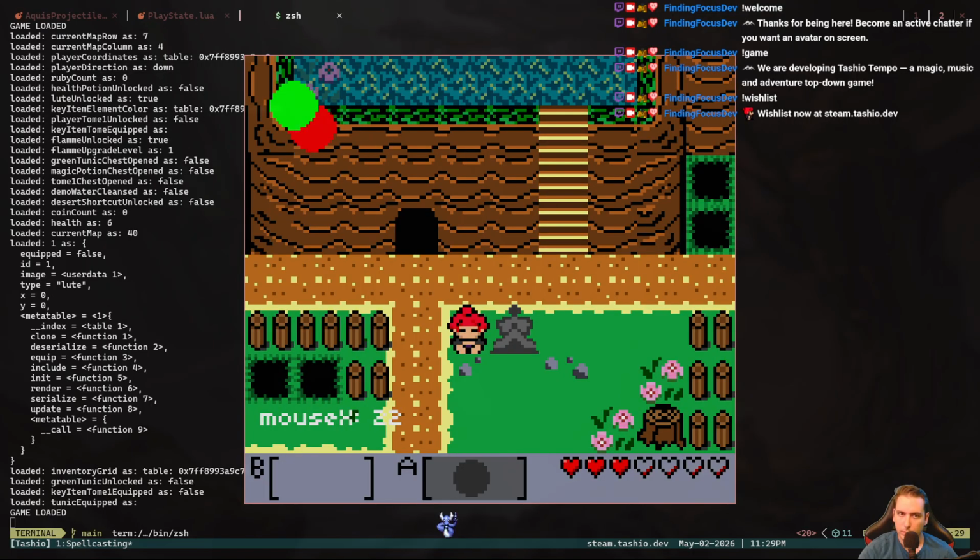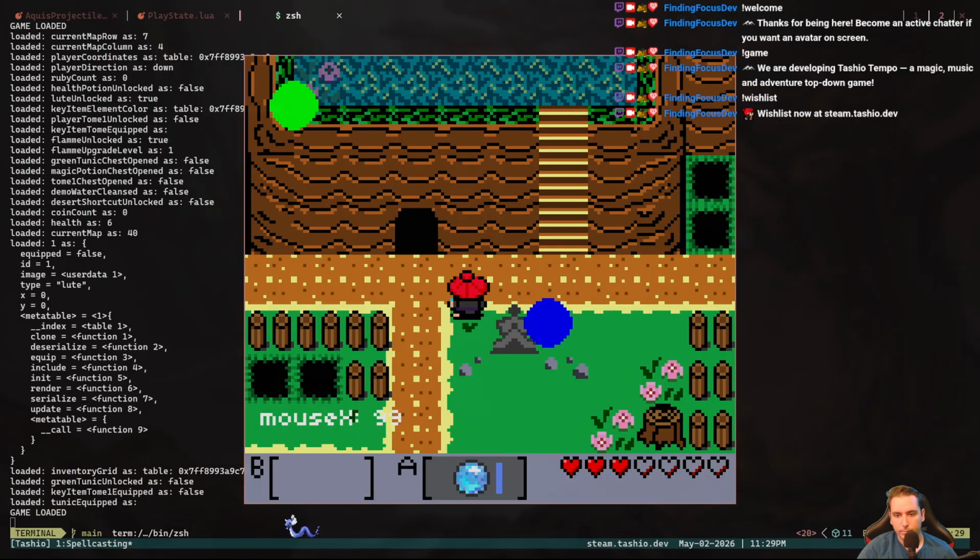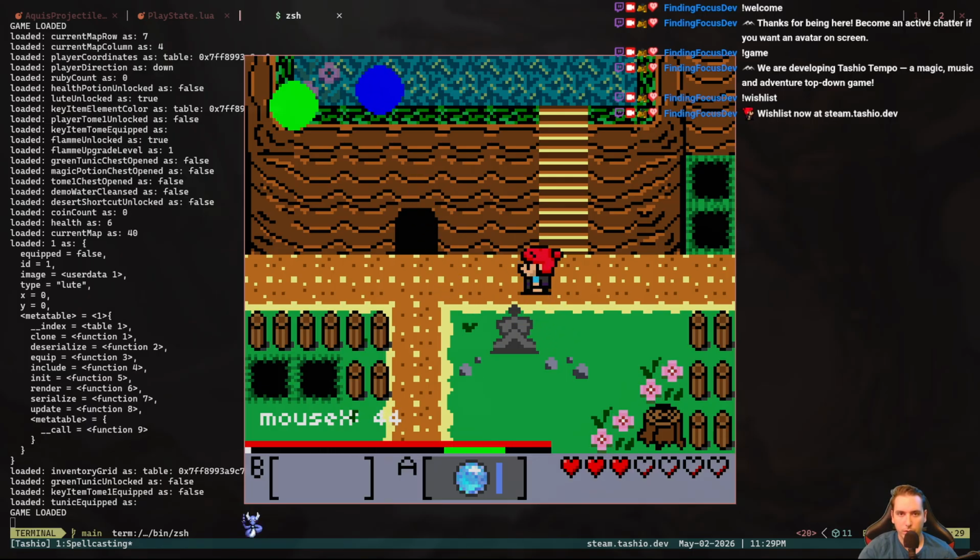Right? That's looking good. So the idea is the blue spell we spit out here, that blue circle right there is effectively going to be this blue circle. And that blue circle is going to test collision on any entity at the center of the circle.